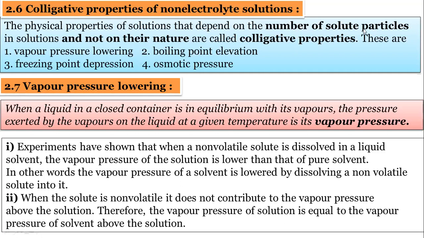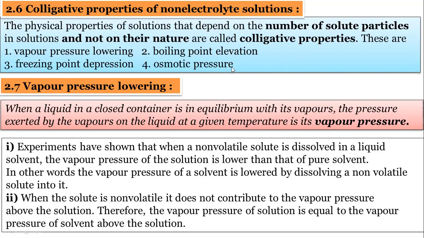They will confuse you by giving options: the nature, the number, or other confusing options. So remember this: colligative is a Greek word meaning collective properties of solute particles. It depends upon the number of solute particles. Number is important here, and nature is not important.